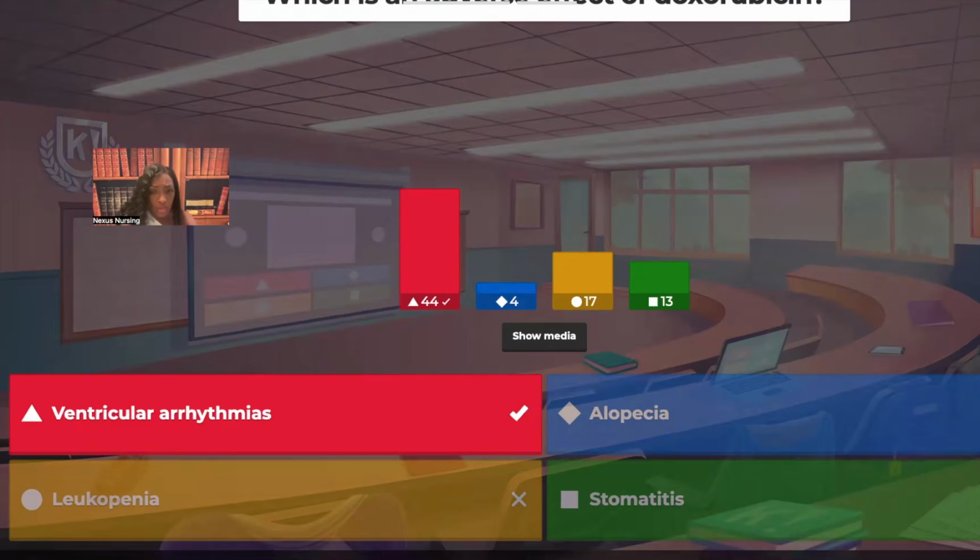What's alopecia? That's hair loss. Speaking of hair loss, if you get a question about a patient who's just been diagnosed with cancer, when are you going to help them look for a wig, or they ask you a question about the hair. There's a couple questions like that. So I'm going to tell you what the possible answers are depending on the kind of question you get. Here's what you need to know.